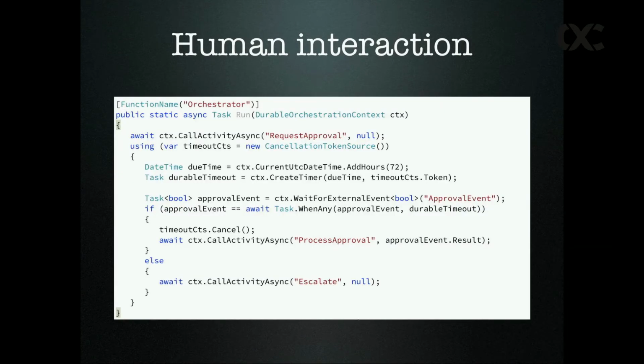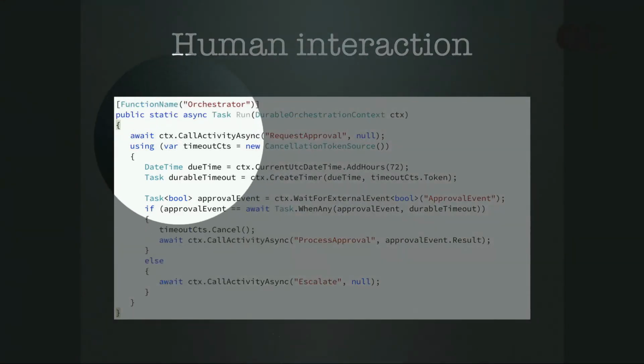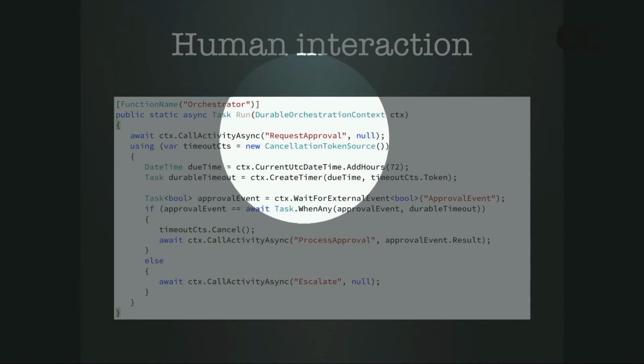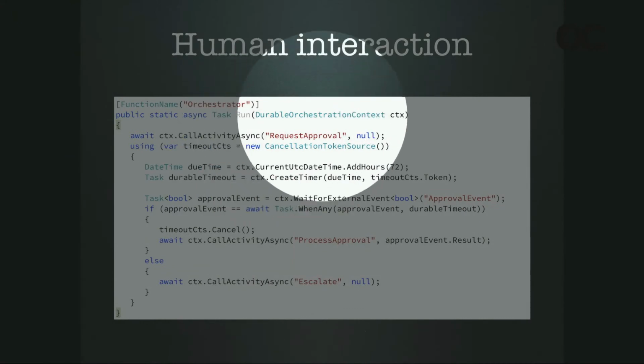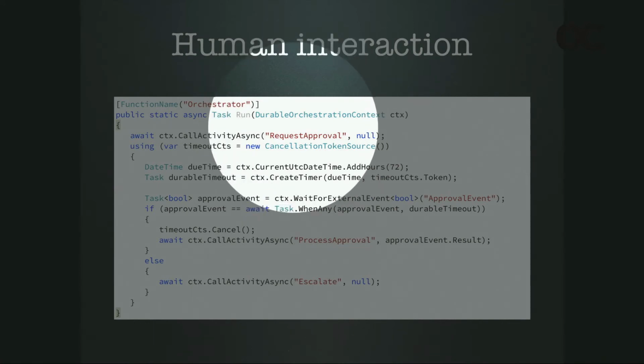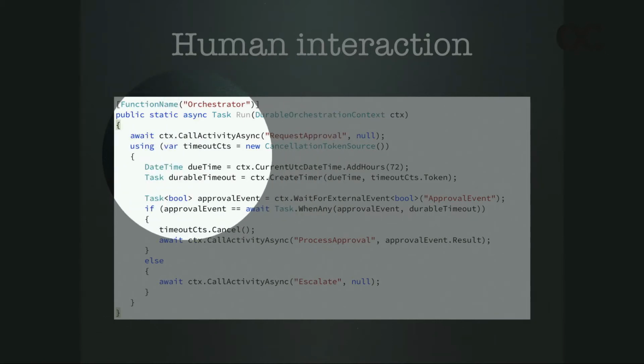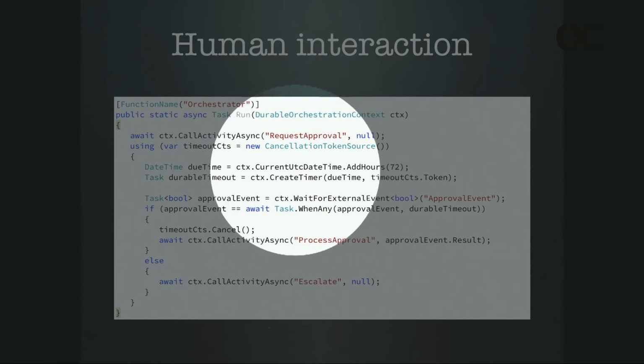The code is pretty simple too. It's just the orchestrator, not the action. Initially, you want to request some approval. You call an activity, which is just a function, which maybe sends out a mail or an SMS or something like this, and says, hey, can you please approve that action? And then you set up a cancellation token source, which is just your timeout, which we saw before.